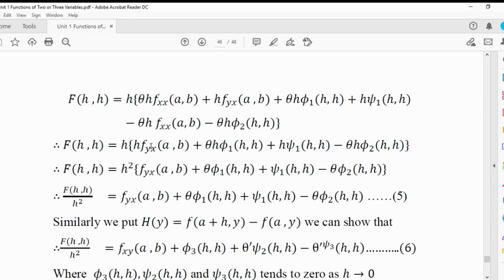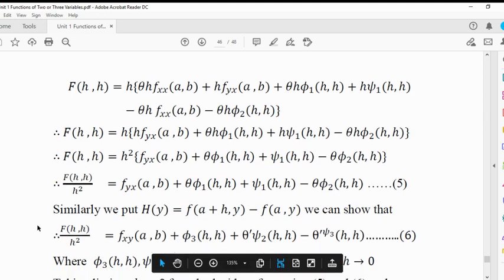Here there is h, here there is h, here there is h. So we can take h square as common and take this h square to the left-hand side. So f of (h, h) divided by h square equals fyx(a, b) plus theta into phi 1(h, h) plus psi 1(h, h) minus theta into phi 2(h, h). This is equation number 5.